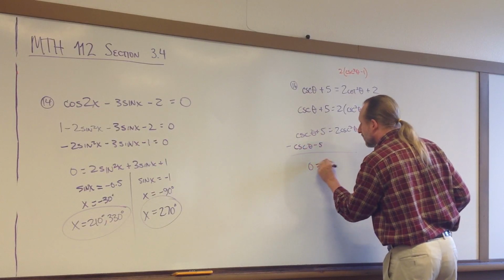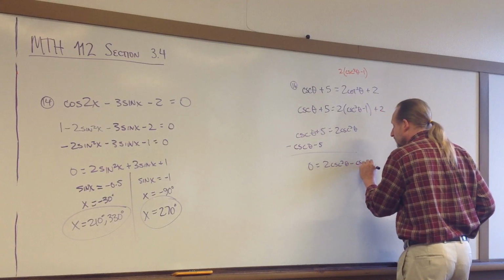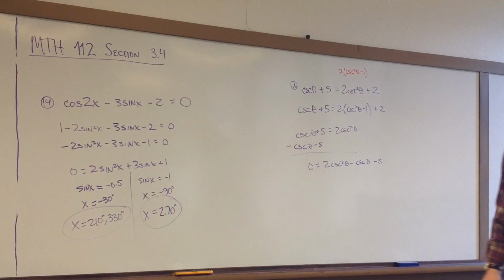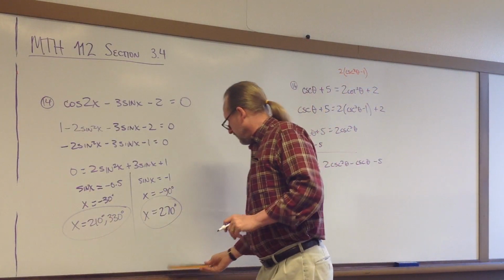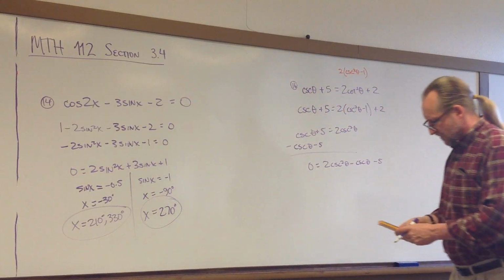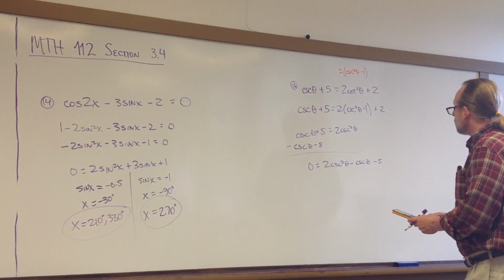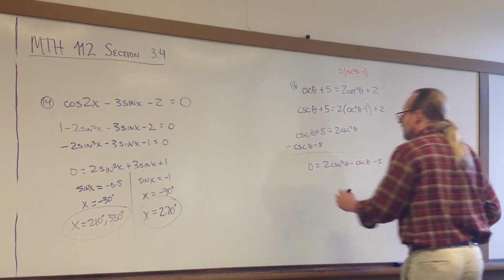That'll put a 0 here. 2 cosecant squared theta minus cosecant theta minus 5. Now that one does not look factorable. What are we going to get from the quadratic on this one? Let's see, A is 2, B is negative 1, C is negative 5.